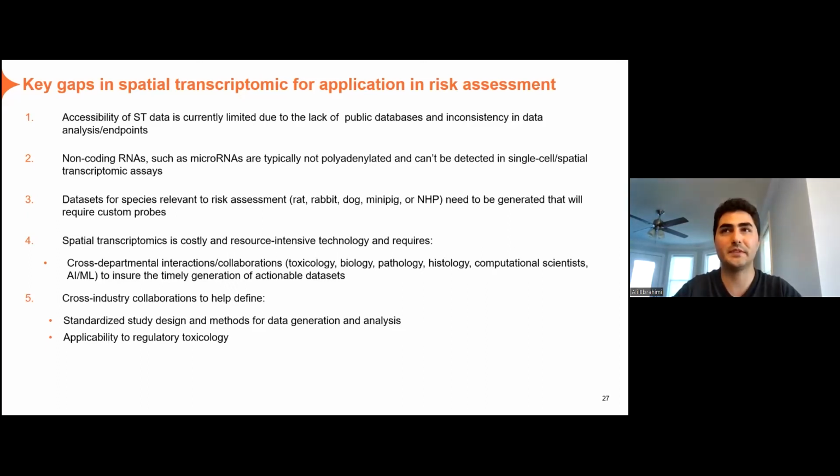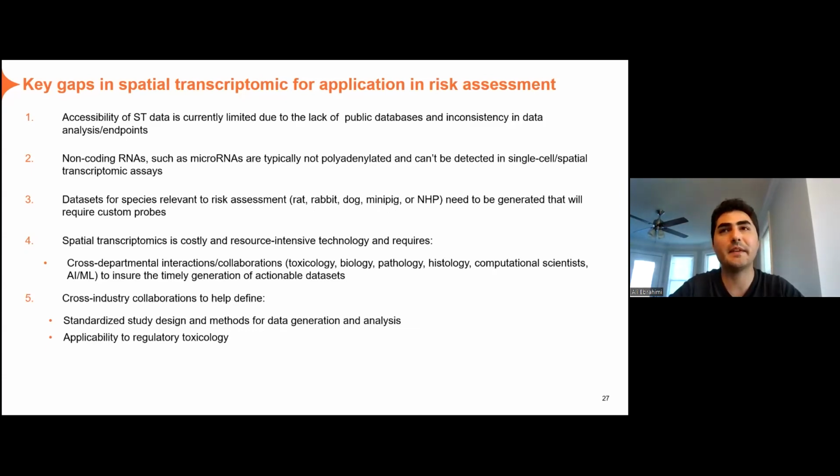That's going to be essential if we want to make sure that these data are produced in a timely manner, in which they can be used for taking actions based on those data.